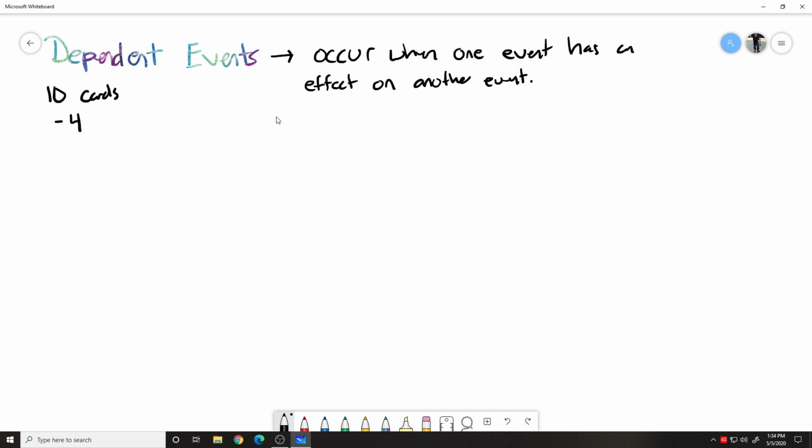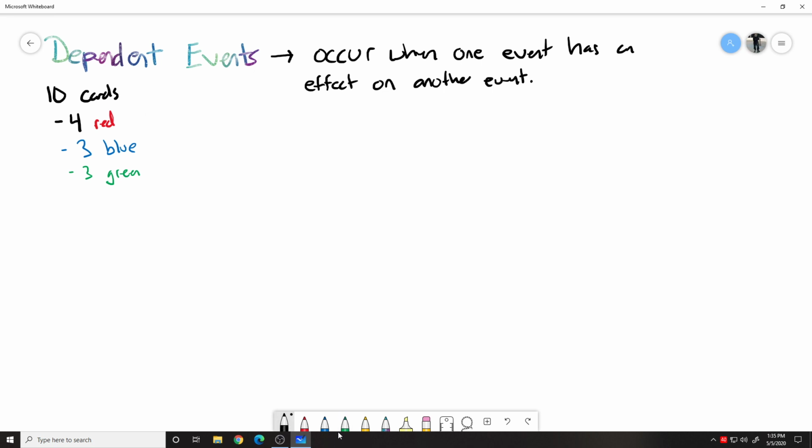Let's say that 4 of my 10 cards are red, 3 of the cards are blue, and 3 more of the cards are green. So 4 and 3 are 7, 7 and 3 are 10 total cards. 4 of them are red, 3 are blue, 3 are green. So here we would have dependent events.